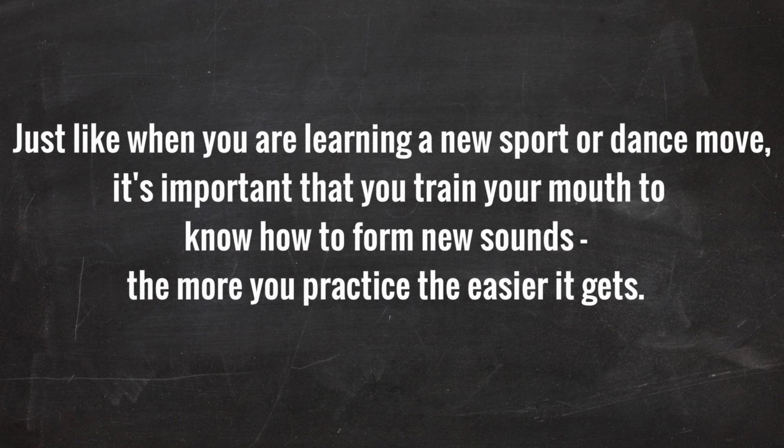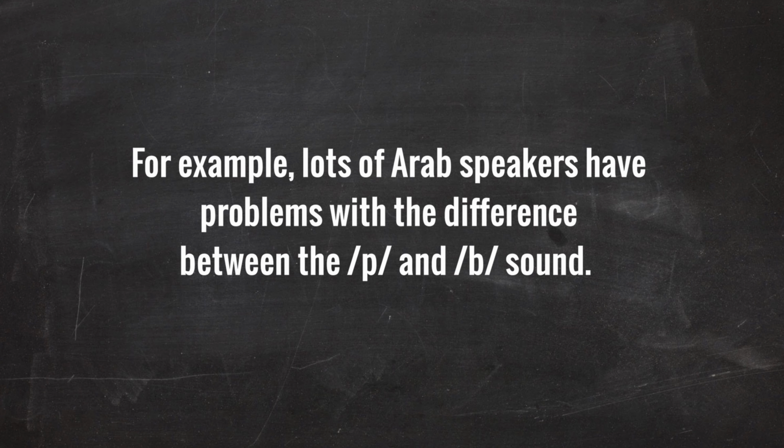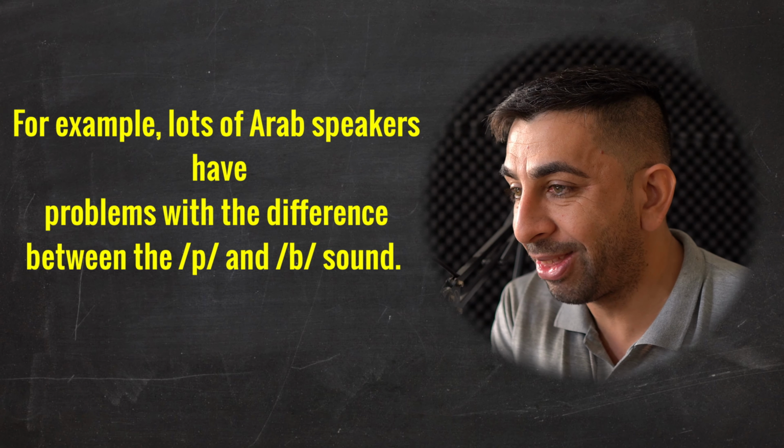Just like when you're learning a new sport or dance move, it is very important that you train your mouth to know how to form new sounds. The more you practice, the easier it gets. For example, lots of Arab speakers have problems with the difference between P and B. We make the B sound by joining our lips together and then letting it go.